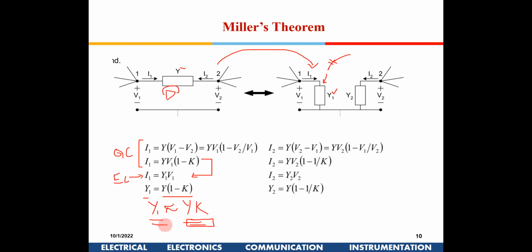So in case of a capacitance here, the new capacitance will be K times, that is the gain, capacitance multiplied by the gain into the input side. Is this okay with all of you?